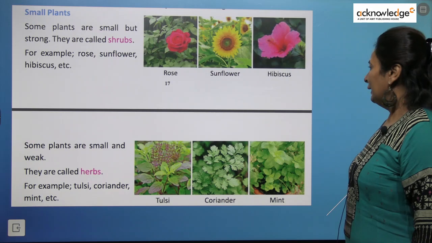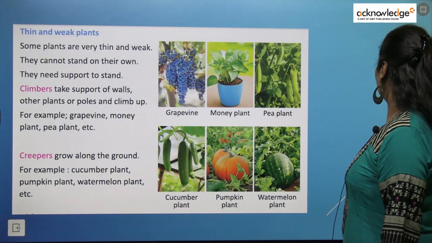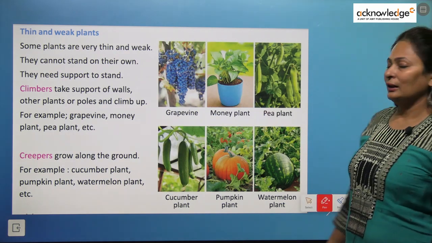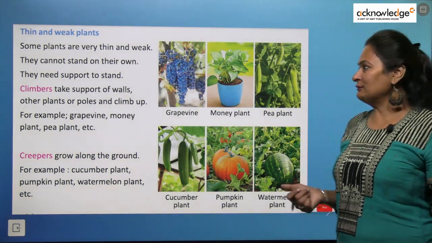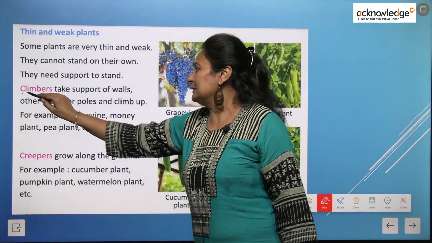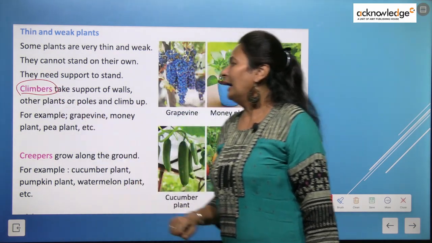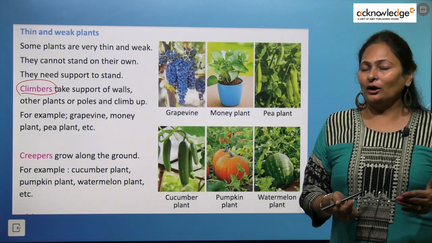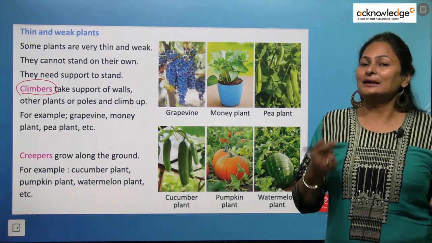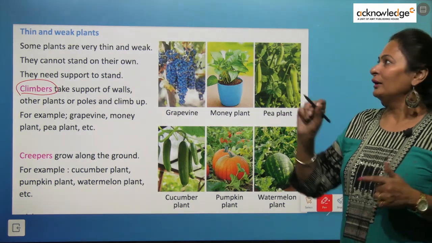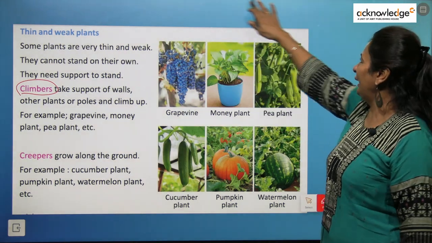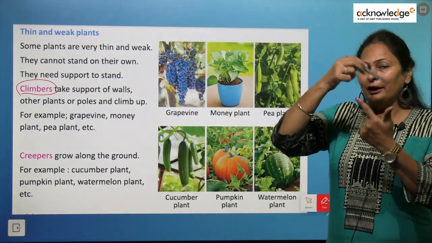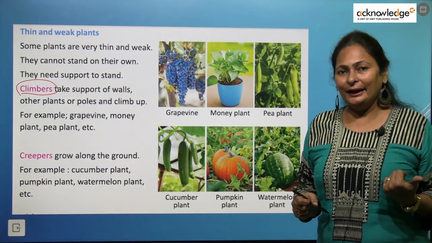Alright kids. Next we will learn about climbers and creepers. First we will discuss climbers. These types of plants, again small plants, cannot stand on their own. So they need support. They grow along the wall, right? Or they grow around a stick.